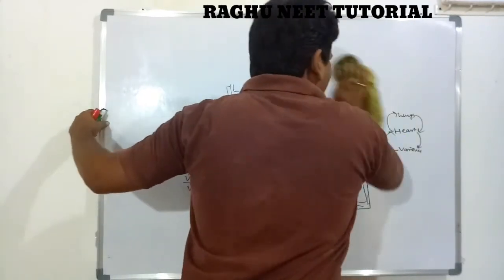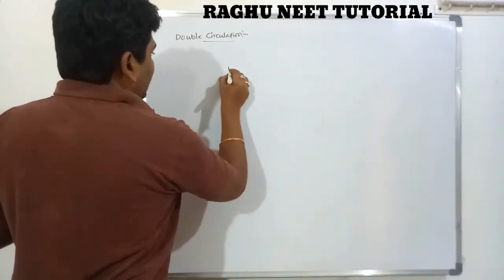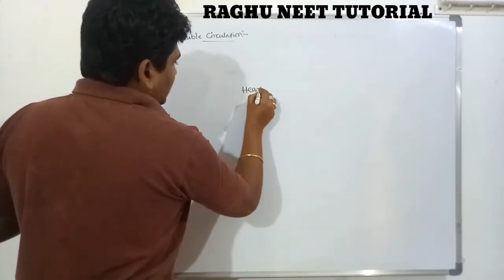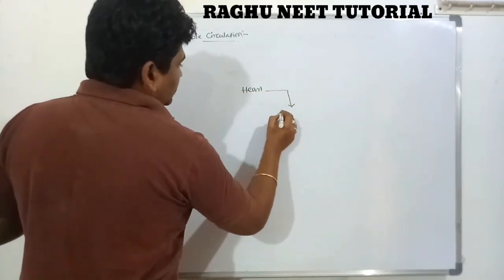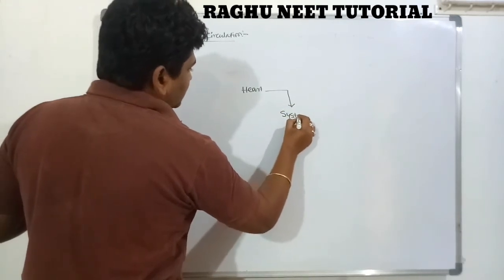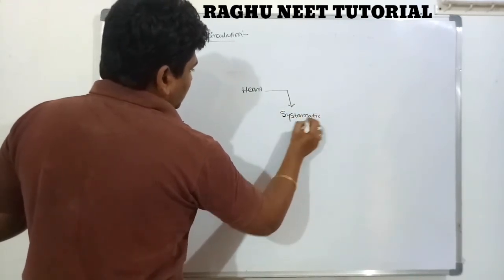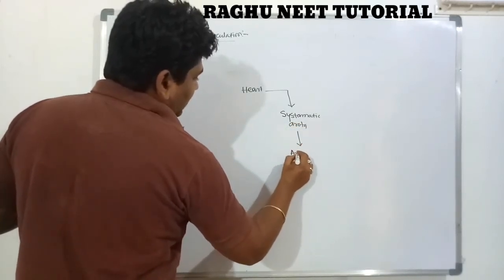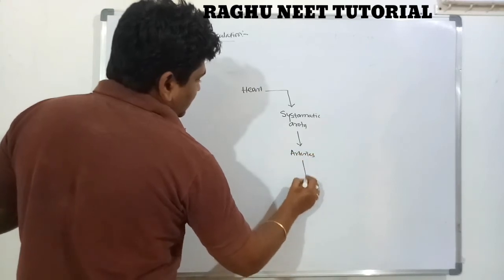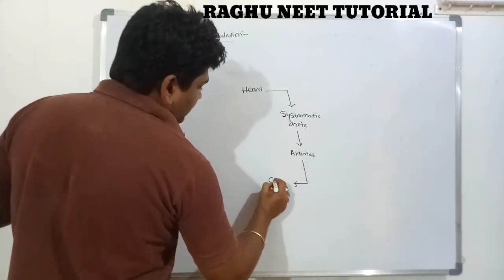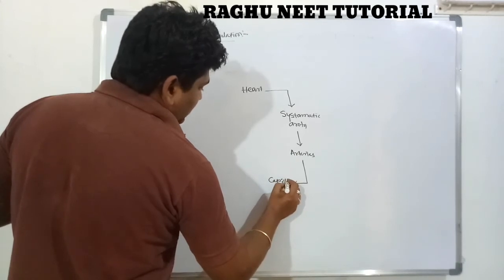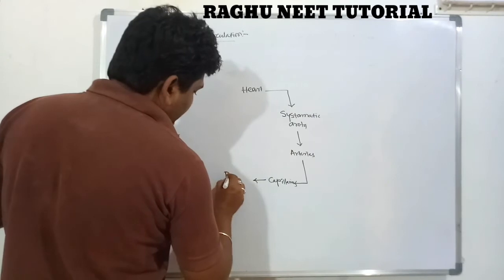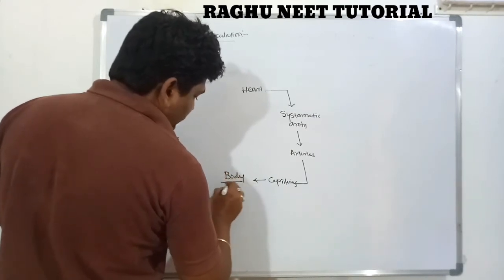First one, heart to systemic aorta, systemic aorta to arteries, to capillaries, capillaries to body or tissue level.